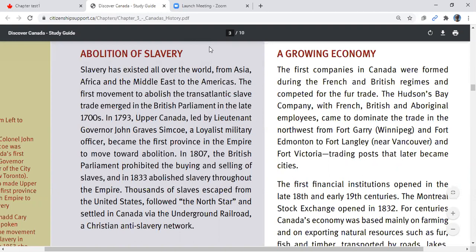So slavery was all over the world. And then, so they had slavery all across the British Empire. When I say the British Empire, that means all the different countries of the world that Great Britain controlled.